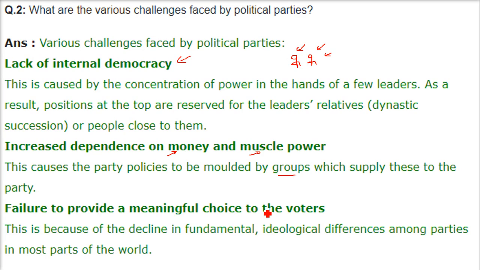If both parties have almost similar ideologies, schemes or policies, with little difference, then a meaningful choice is not provided to the prospective voter.